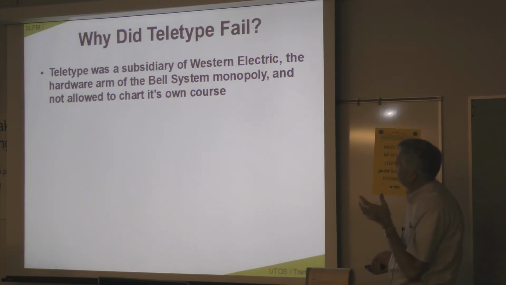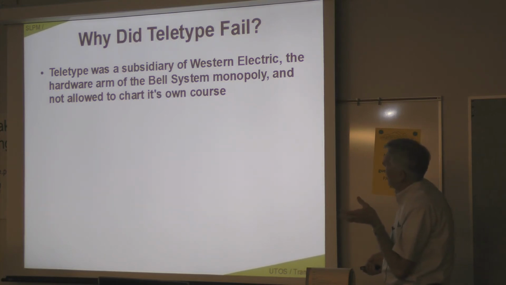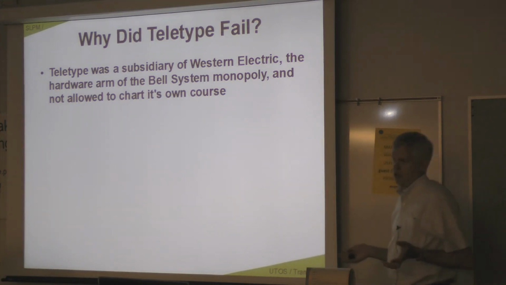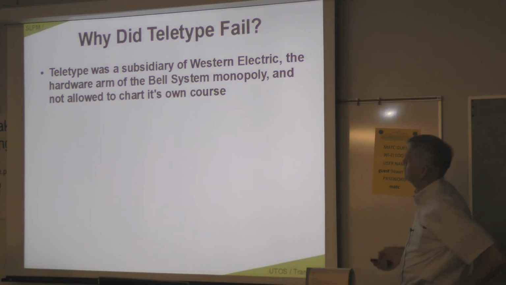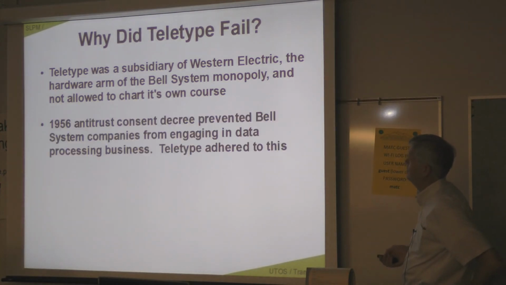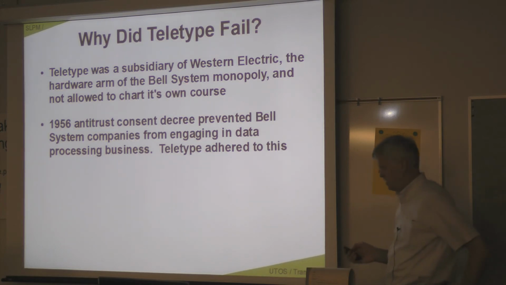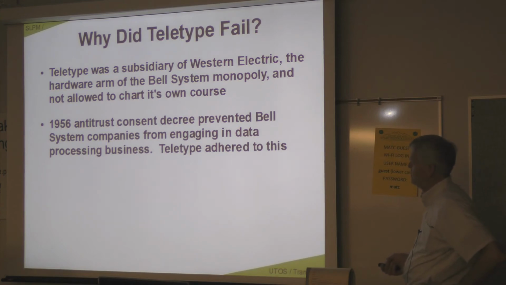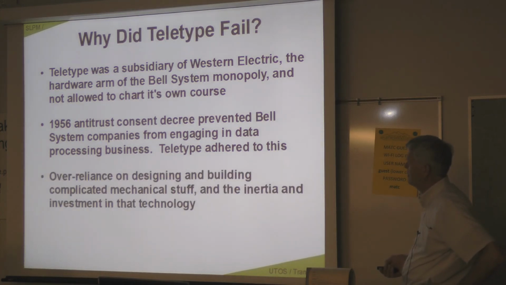They were a subsidiary of Western Electric, and they really weren't allowed to chart their own course. They were always second fiddle to the Bell system and Western Electric. There was also an antitrust decree which said that the Bell companies couldn't really get into data processing, and Teletype felt it was important to stick to that. So they tried to do everything in the communication business and not in data processing.